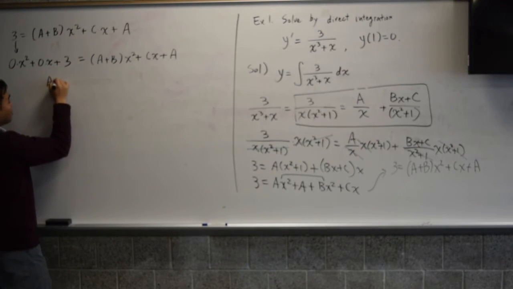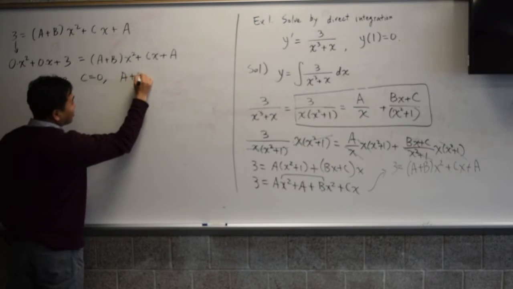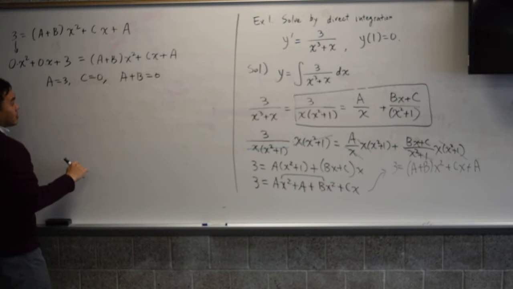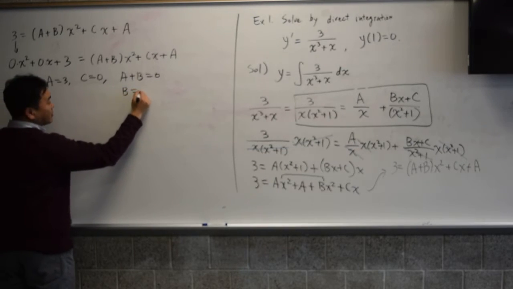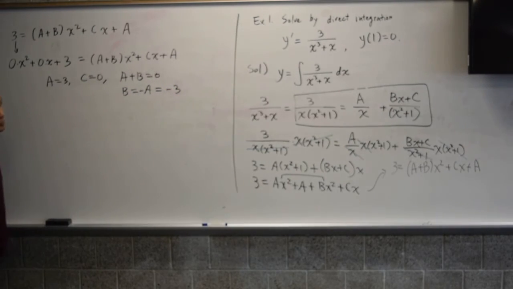So we have a equal to 3, c equal to 0, and a plus b also equal to 0. Okay. And because b is equal to negative a and a is equal to 3, we have b equal to negative 3.